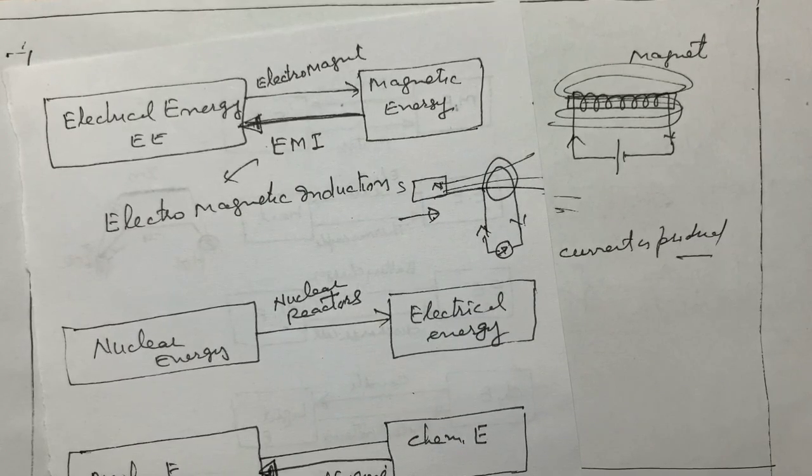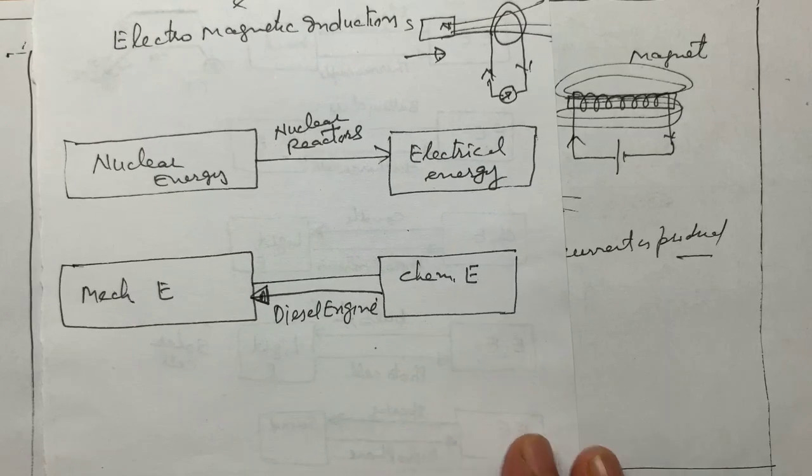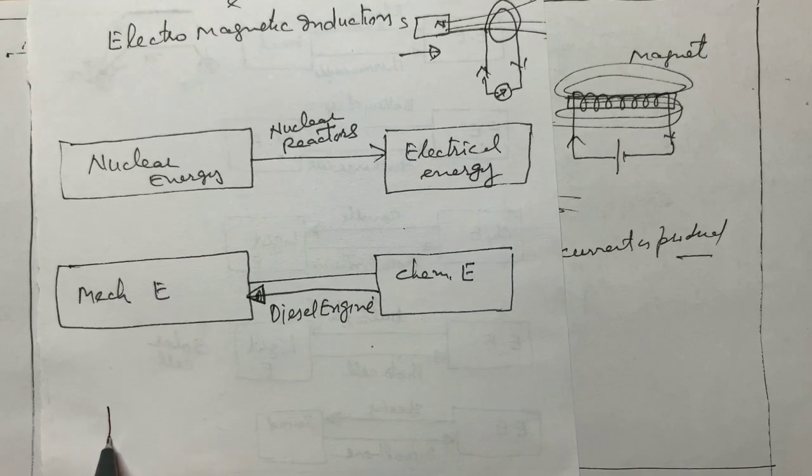The unit of all types of energies is the same, that is joules in SI, but there are some other units also for energy.